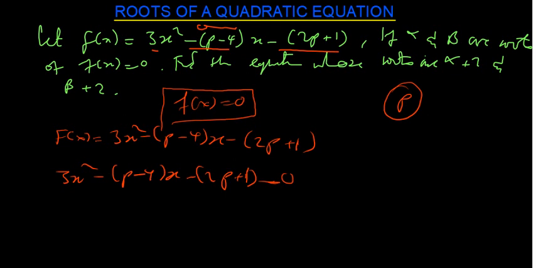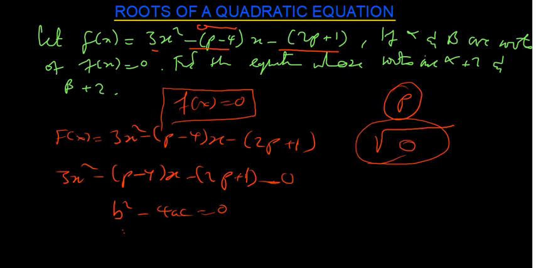So I want to make sure that b squared minus 4ac should be equal to 0. So we are simply talking about the discriminant in this case, inside the root here. If these two, after subtracting, give us a 0 there. So that is what we are talking about.